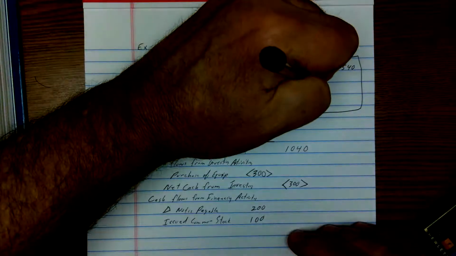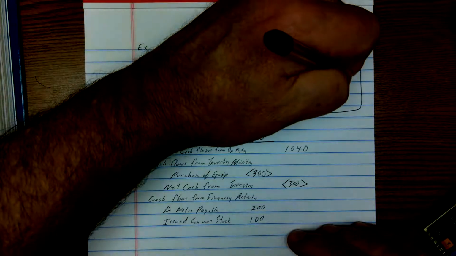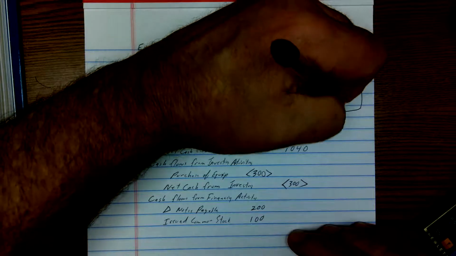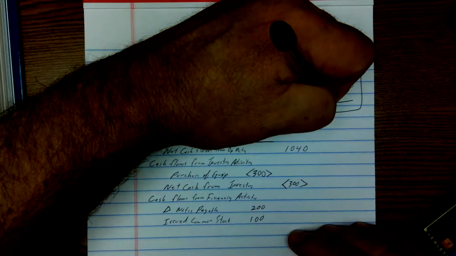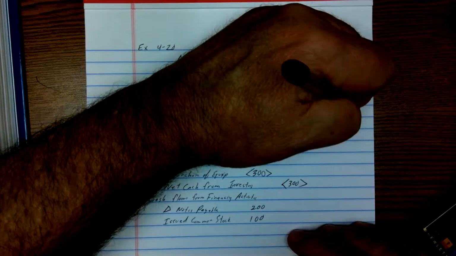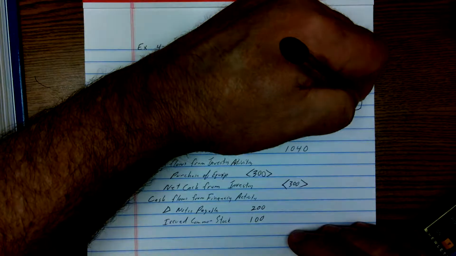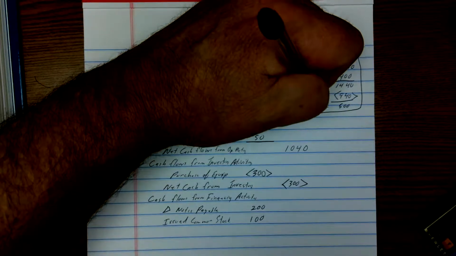We know what net income was. That was 900. So that interim is 1440. Come down here, our ending retained earnings, we're told, is 500. That means we had to have paid dividends of 940 in order to get to that retained earnings.